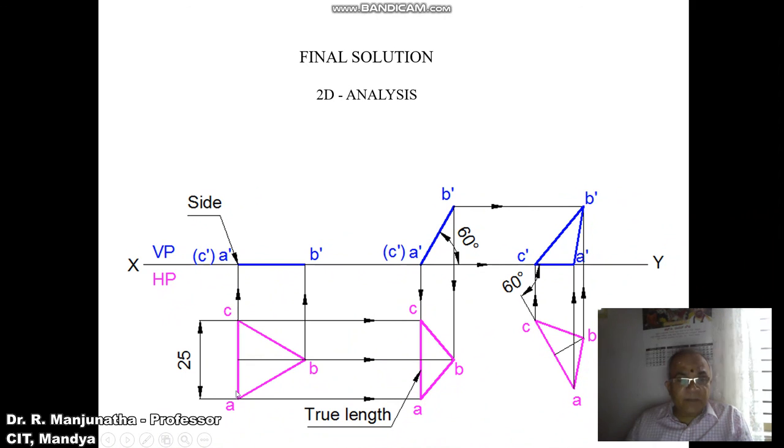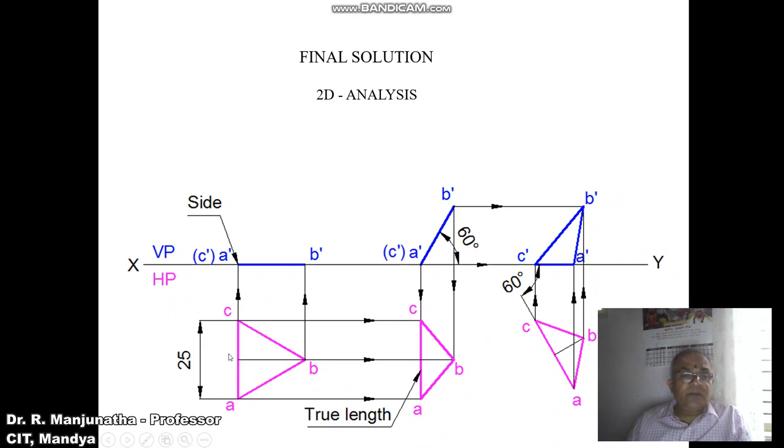Draw a 25 mm line and mark the points as small a and small c. Then with A as center, take a radius of 25 mm and draw an arc on this side. Similarly, with C as center, cut the previously drawn arc so that you get this point B. Then join A to B, B to C and C to A with a dark line.